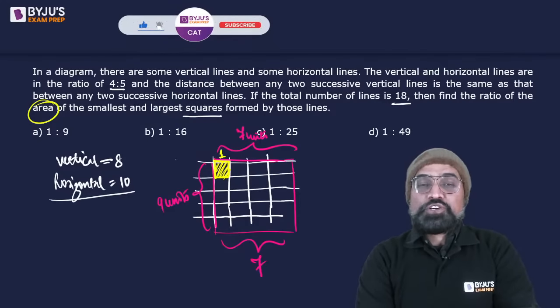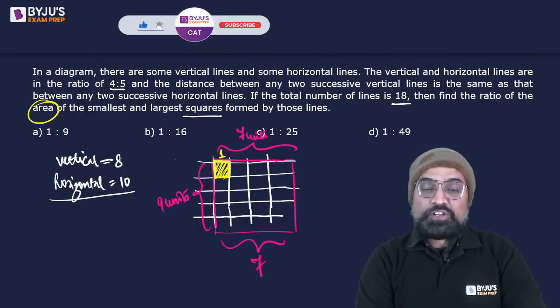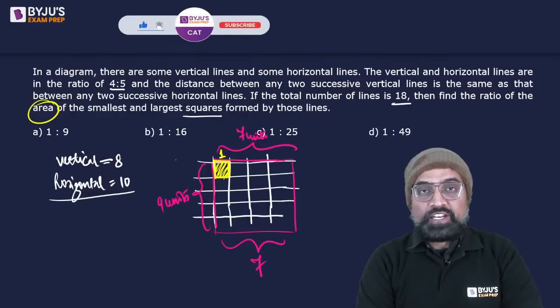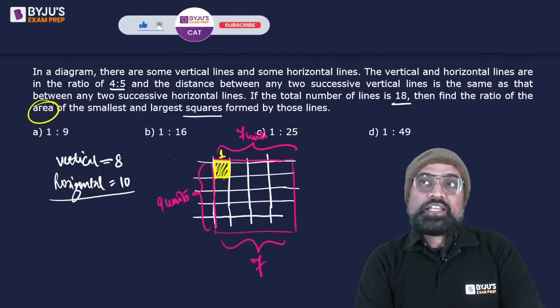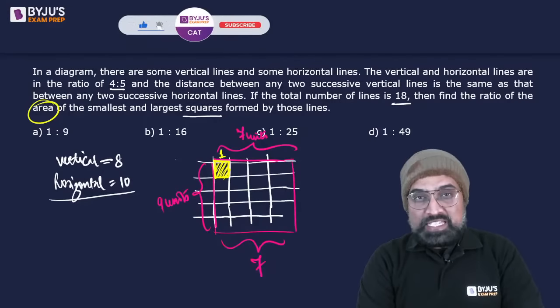So what will be the ratio of the areas if the sides are in the ratio 1:7? The area will be in the ratio 1:49. So you have to be careful that if there are 8 lines, you are going to get 7 segments, or the length will be 7.